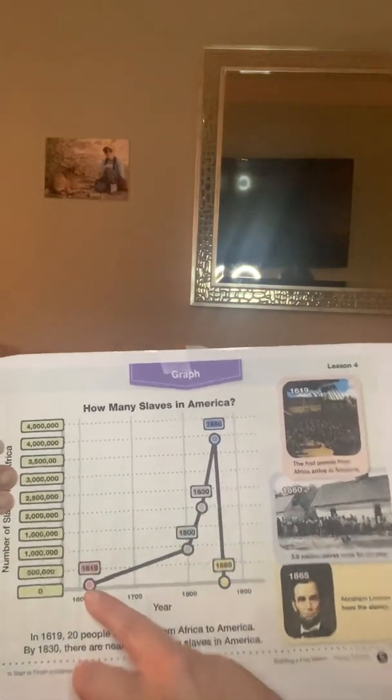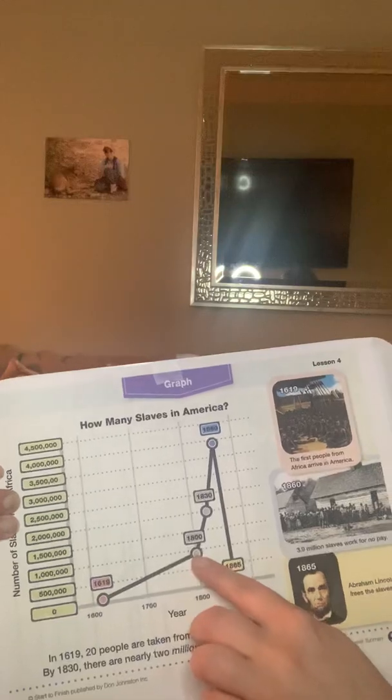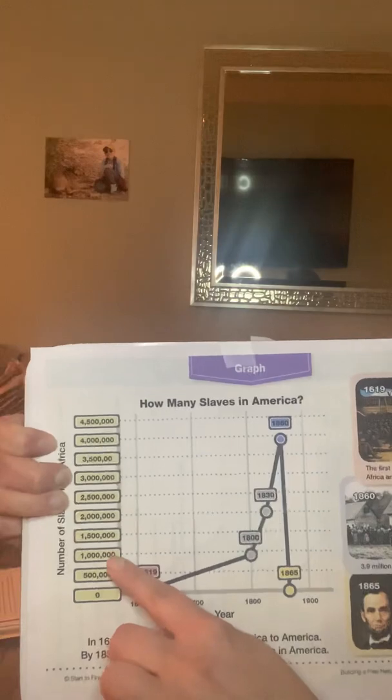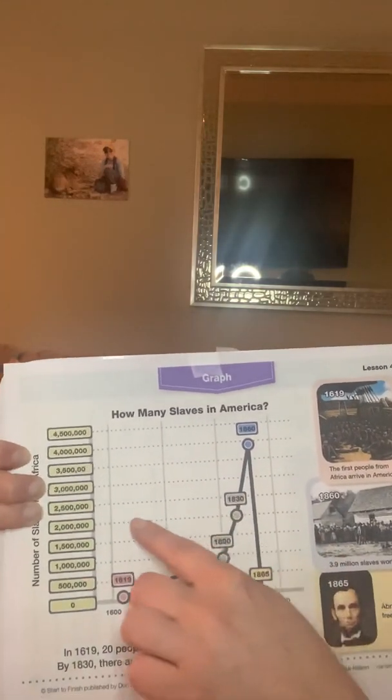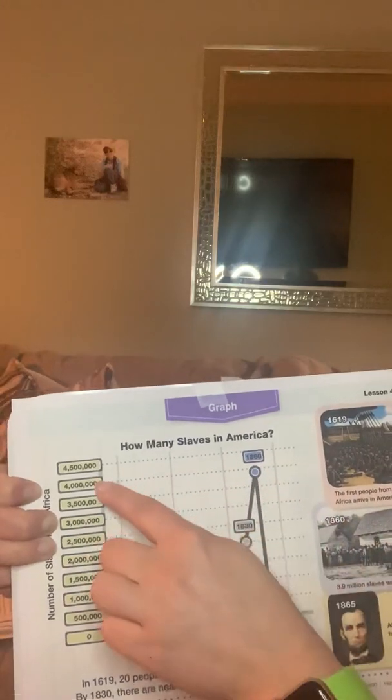And if we look at the graph, it says in 1619, there were 20 slaves. Then we go to the year 1800, and we can see there's about 1 million slaves by the year 1800. The year 1830, the number has gone up to 2 million. The year 1860, the number is all the way up to about 4 million. And then 1865, the end of the Civil War, the number is down to 0 slaves.